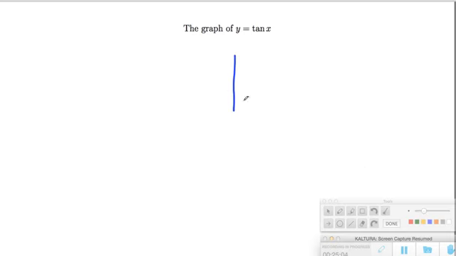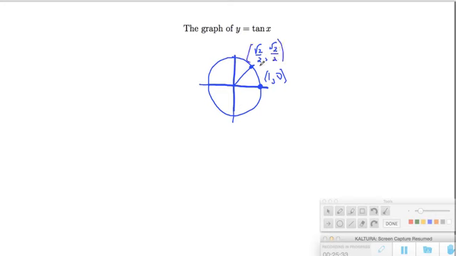So for the square root of 2 over 2, comma, square root of 2 over 2, that is corresponding to an angle of pi over 4.